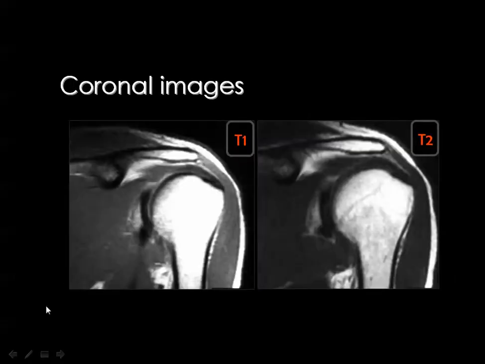Then if you look here, you cannot see the acromioclavicular joint. Instead, you see the spine of the scapula identified by this inferior protrusion, which is characteristic of the spine of the scapula. Whenever you see the spine of the scapula in the coronal view, then you know that this tendon, which is passing below the spine of the scapula, is the infraspinatus.